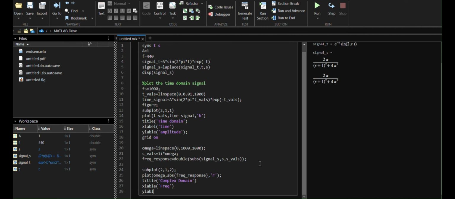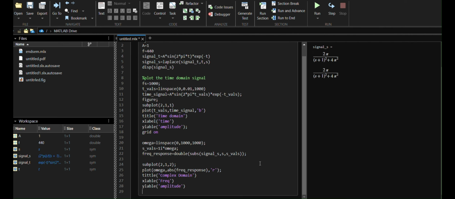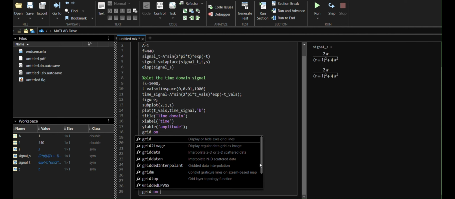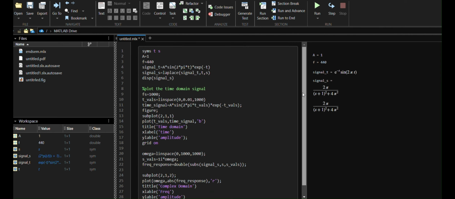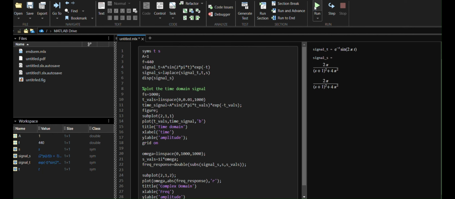So y label, sorry, it's amplitude. Now grid on. That means closing the function. Now, so now run this code.